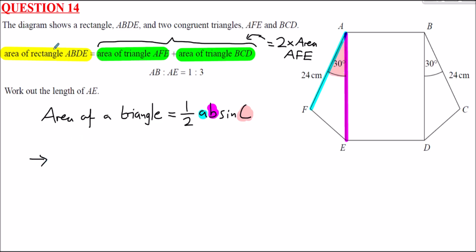So the area of the rectangle ABDE, that's just going to be the base of it, which is ED, multiplied by the height, which is AE. So I'm going to say that's AB multiplied by AE. So the rectangle is AB times AE.